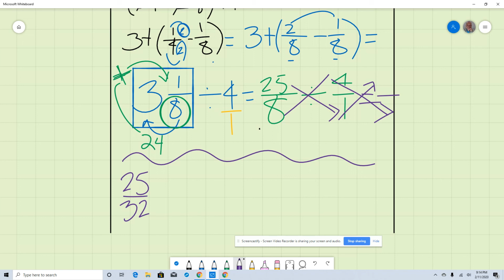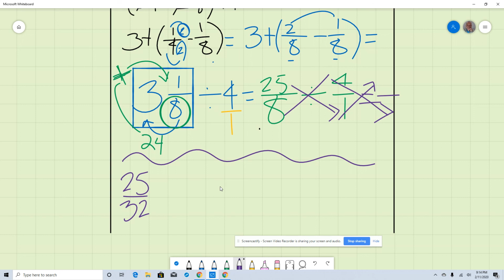Now that's our solution. Okay, so I'm looking at this, and it's not an improper fraction, and 32 can be divided by 2, but not 25. 25 can be divided by 5, but not 32. Can it then be divided by 3?